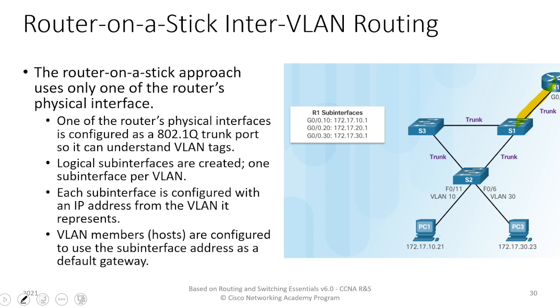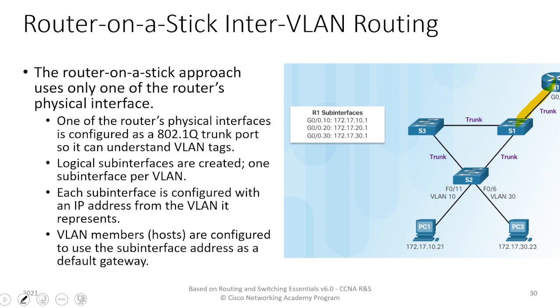Then with that same physical interface, just as we configured trunking on the switch side, on the router side we will configure what is known as sub interfaces. In this case, G0/0 is the main interface we have. There we would configure a number of sub interfaces as .10, .20 and .30 belonging to each of the VLANs, and we will configure the IP addresses for these sub interfaces.